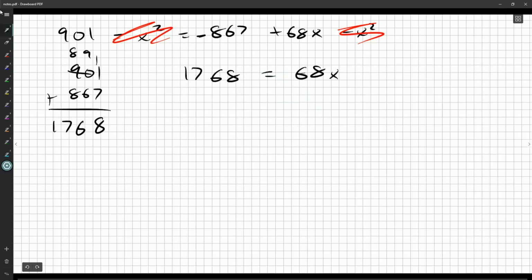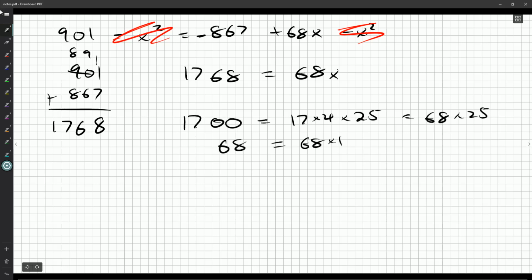We could do long division, or we could say 1700 is 17 times 4 times 25. 17 times 4 is 68, so we'll get 25, and then a 68 is 68 times 1. So this is 68 times 26. So x is equal to 26.